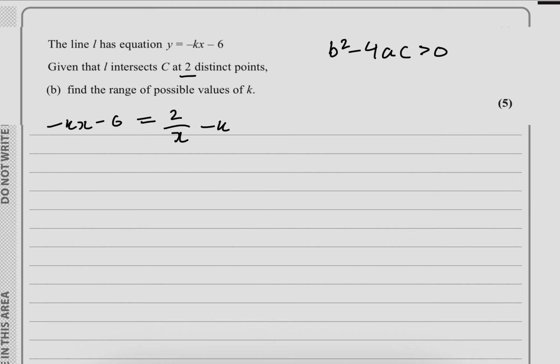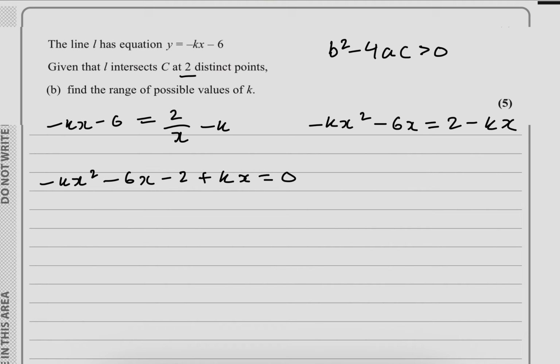What I would do is get rid of the fractions, so multiply everything by x. So that gives us minus kx squared minus 6x is equal to 2 minus kx. Just bring everything to one side. Minus kx squared minus 6x minus 2 plus kx is equal to 0. Bring the like terms together.